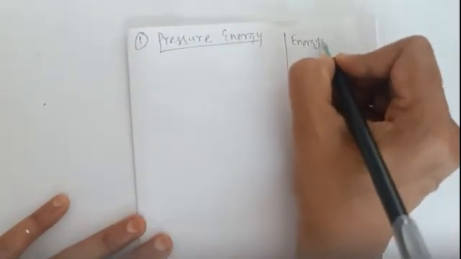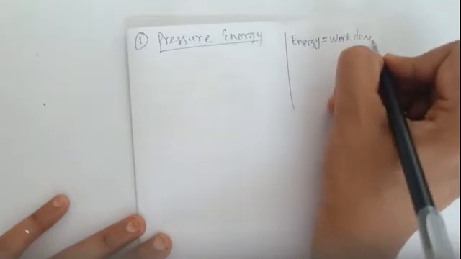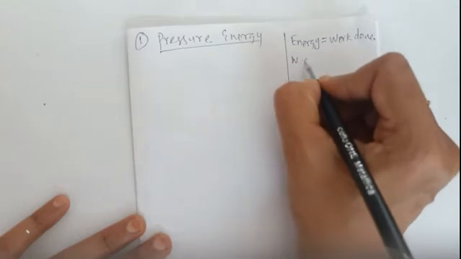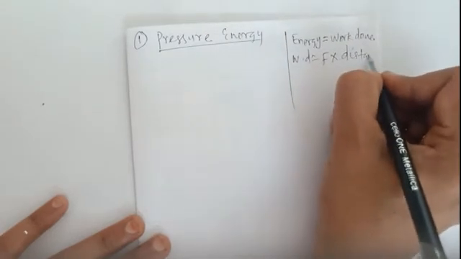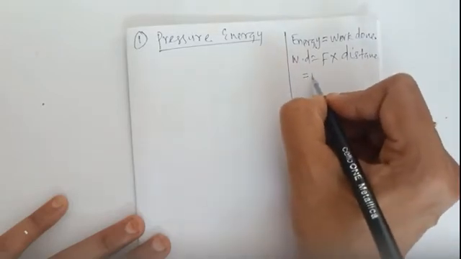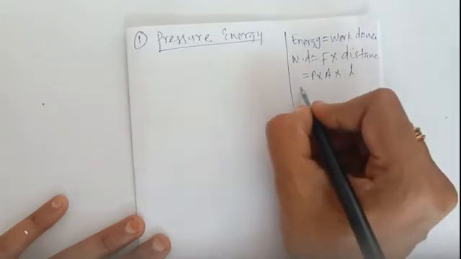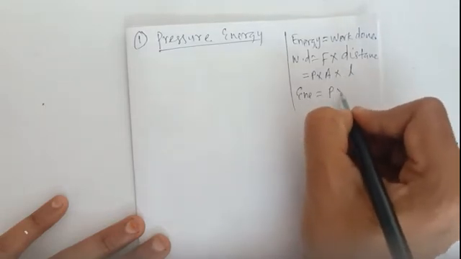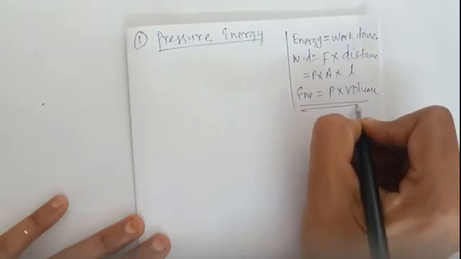Energy is equal to work done on the fluid, right? And work done is equal to force into distance or displacement, and force is pressure into area, this is length. So energy is equal to pressure into volume. That is what we have written here.